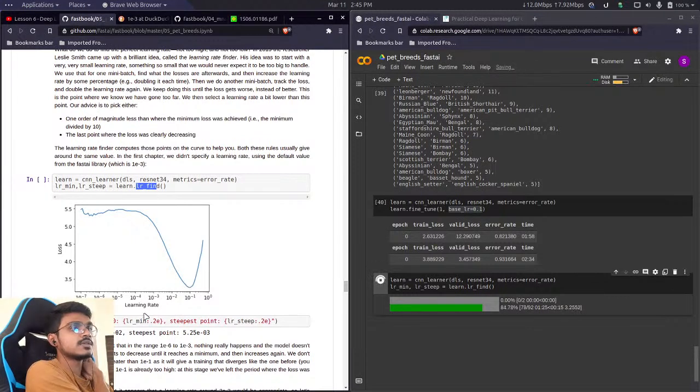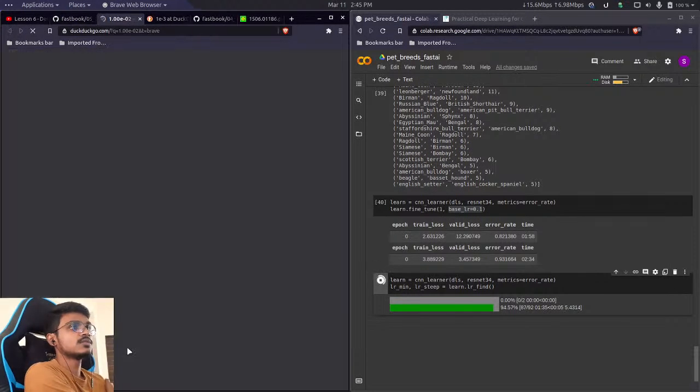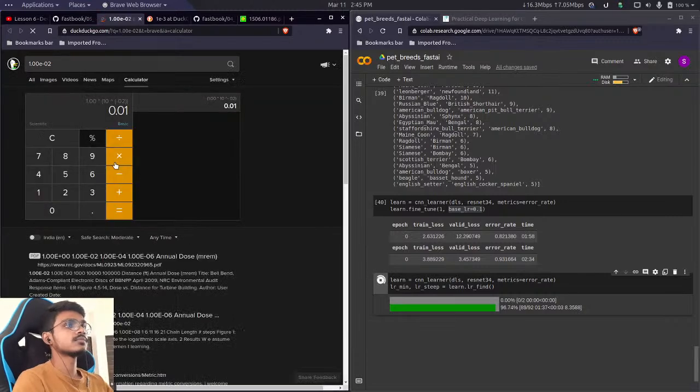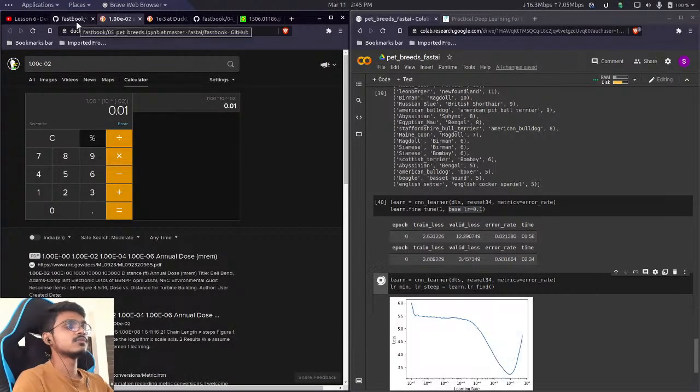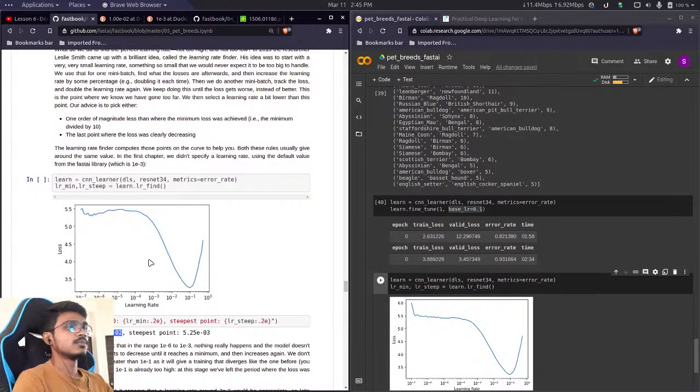lr_min is 1e-2, which means 0.01, which could be this one, 10 raised to minus 2, or could it be this one?